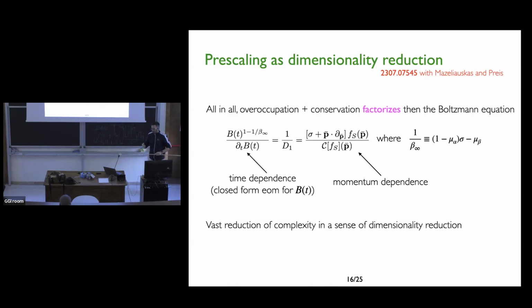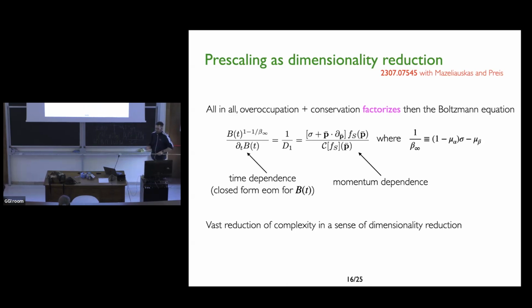So what this shows is that non-thermal fixed points are not very mysterious phenomena, as they always were to me when I started looking into them, but actually they follow very directly from the Boltzmann equation if you assume over-occupation and conservation of energy or particle number. And as a result of this, the Boltzmann equation, at least for some collision kernels that are important, factorizes into an equation that governs the time dependence and an equation that governs the momentum dependence.